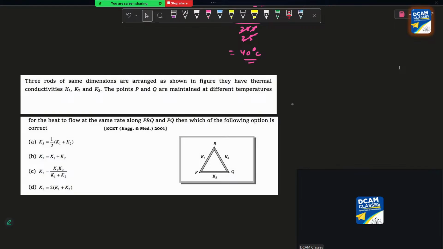Their option C, K3 is equal to K1 K2 by K1 plus K2.